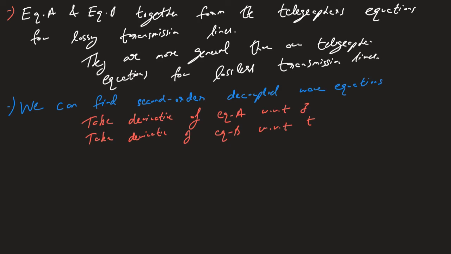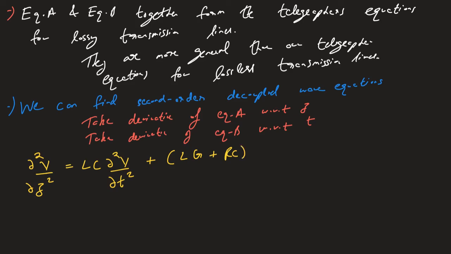The first wave equation you will find would be that del 2v by del z square is equal to LC del 2v by del t square plus (LG plus RC) partial v by partial t plus RGV.